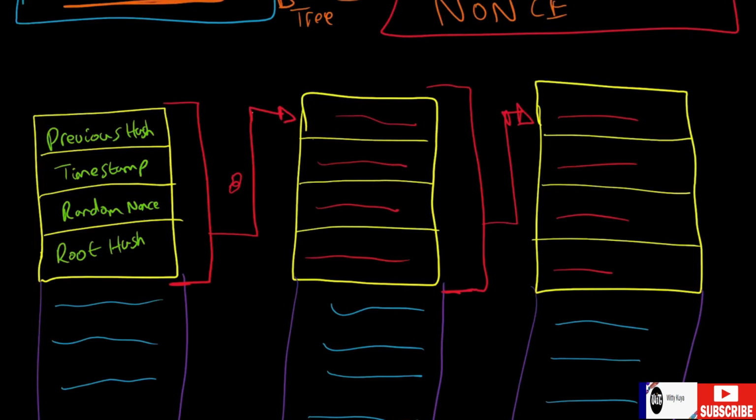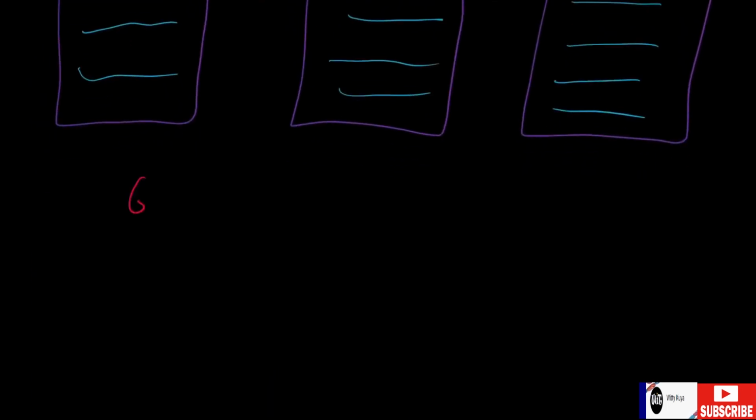You might have one question in your mind, and that is, what about the first block in blockchain? Where does that get its previous hash from? And that is called the Genesis block, I believe I spelled Genesis wrong.